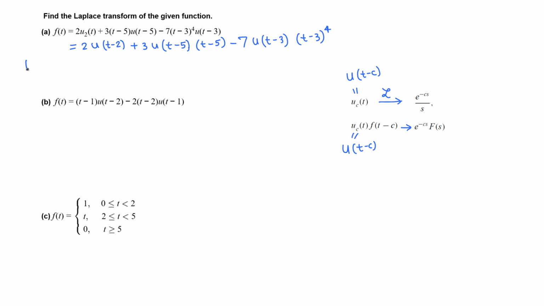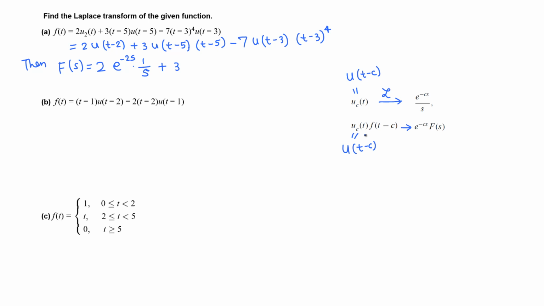Then the Laplace transform F(s) is given by: the two constant survives there with u(t minus c), the first one. So it is e to the negative 2s over s, or we can write times 1 over s, same thing, plus 3 survives.